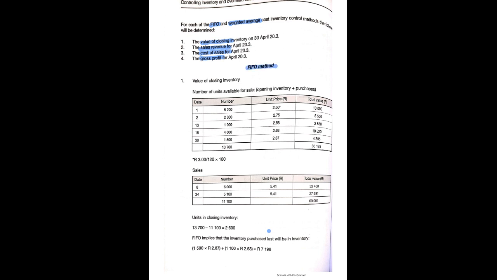The exact same tables are drawn for both the FIFO and the weighted average method, so please make note of it. You do need to know how to draw up all of these tables, the ones from example 5.1 that we did just now, and the example 5.2 that we're working with at the moment.